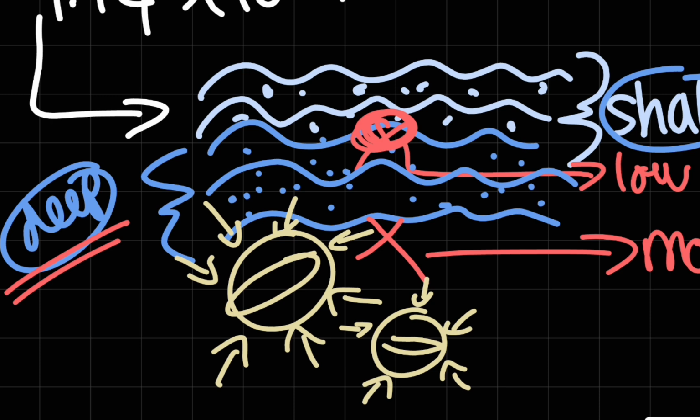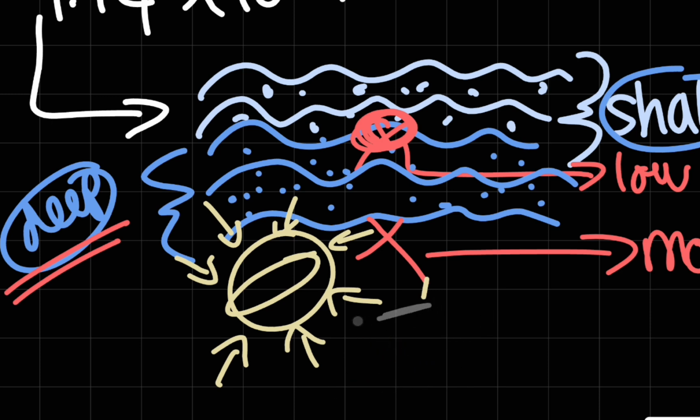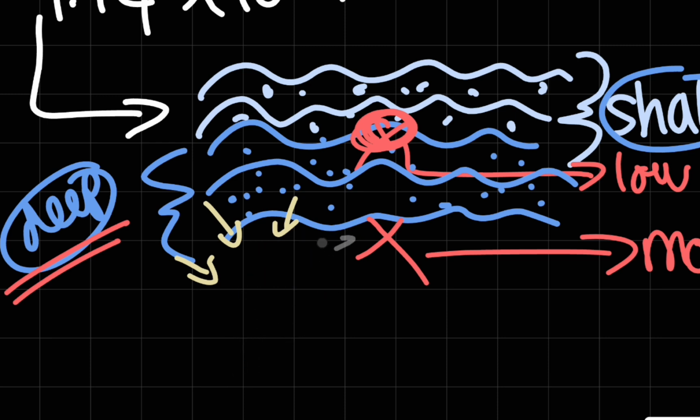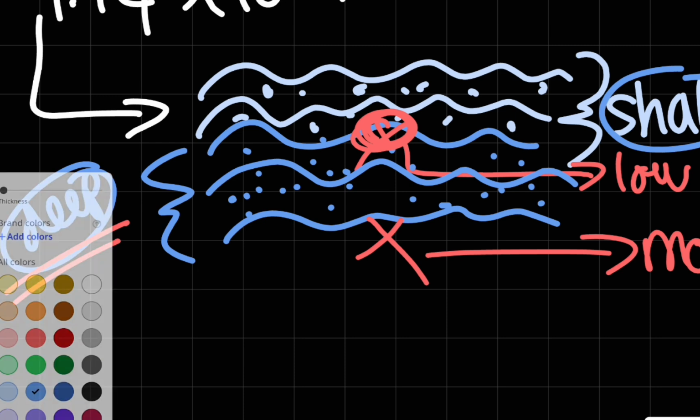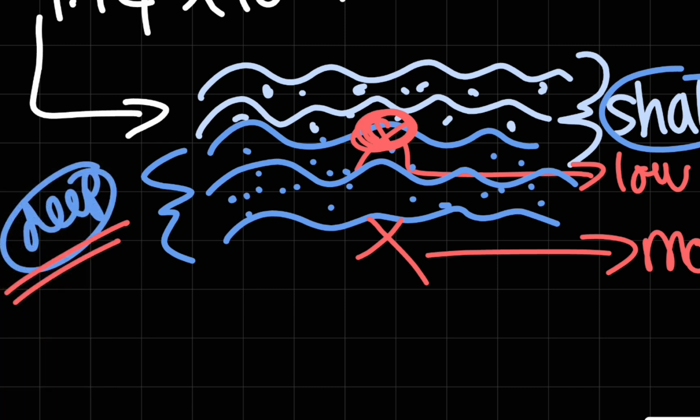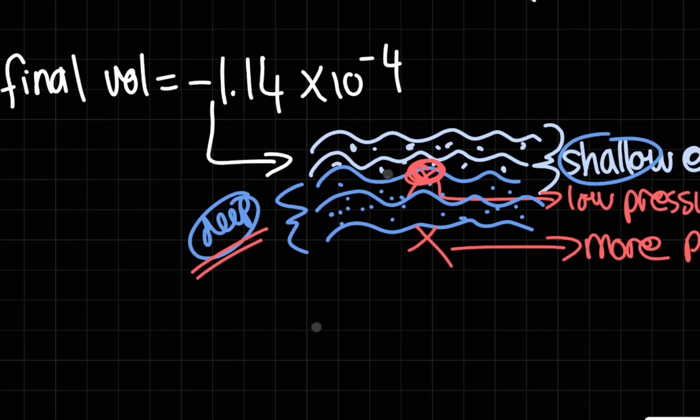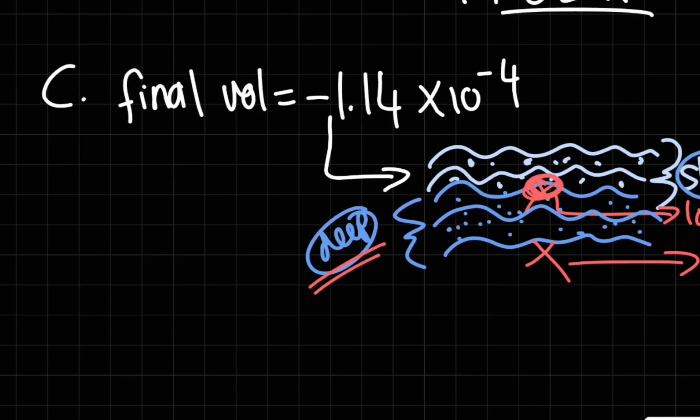So that is why the volume change is negative. Well, not going down, that's not good terminology. It is becoming smaller. And it's a bit like a number line. If something's becoming smaller, then it will go closer to 0 and then closer to the negative numbers of the number line. So that's just explaining why it is negative.